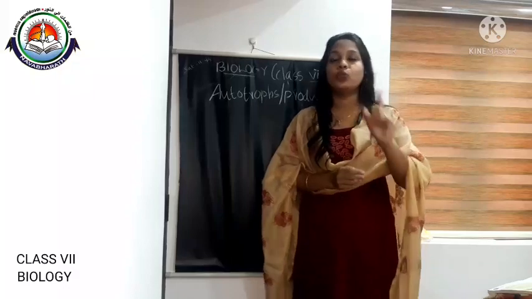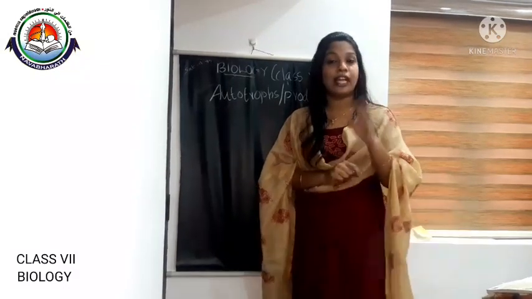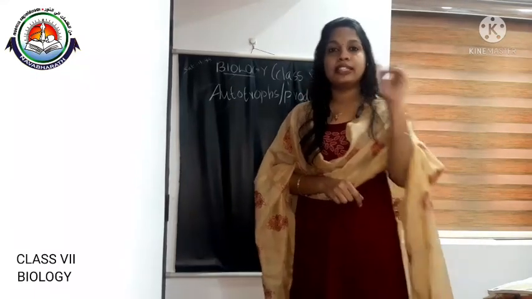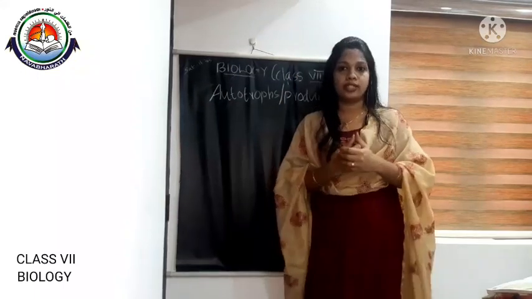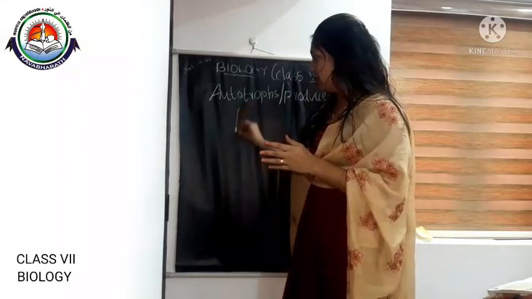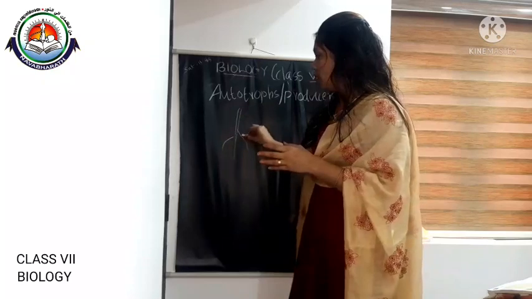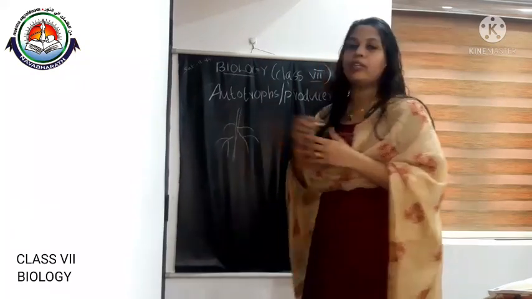First thing is the root system. A root system contains two types of roots according to the plant type. For example, there is the taproot system and the fibrous root system. In the taproot system, there is a primary root and many lateral roots or secondary roots arise from the primary root.